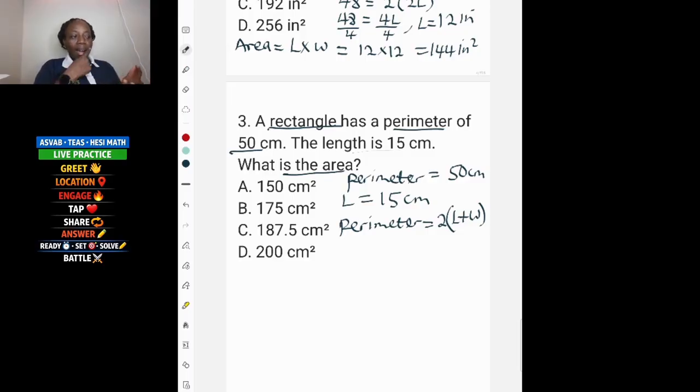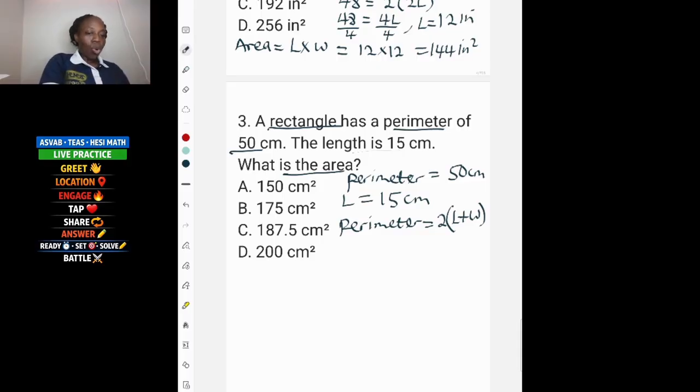So remember, the formula for the perimeter of a rectangle is 2 into length plus width, which is still the same thing as length plus length plus width plus width. So just remember that: add all of them together. We have the perimeter, we have the length, but we don't have the width. And for the area, we need what? Width, right? Because area will be length times width. So we need width. That means width will be the first thing to calculate right here.